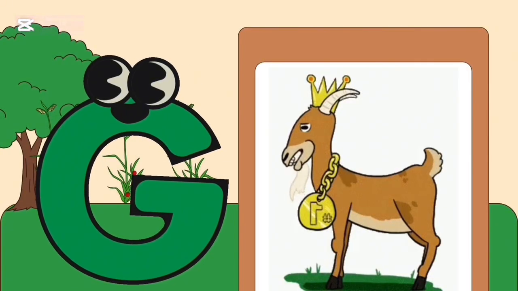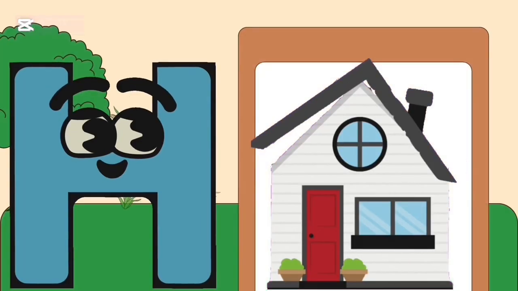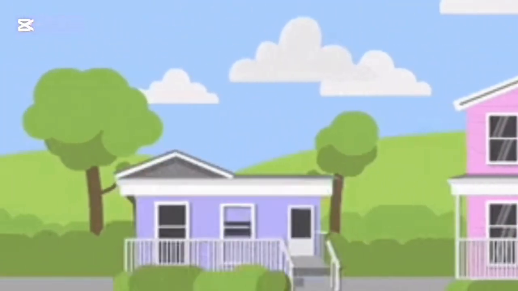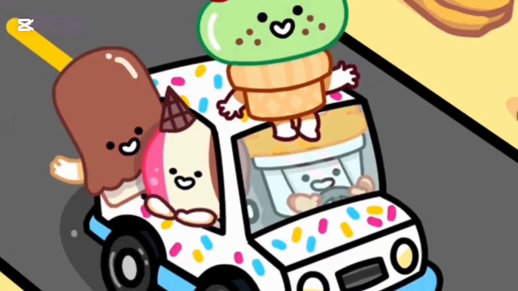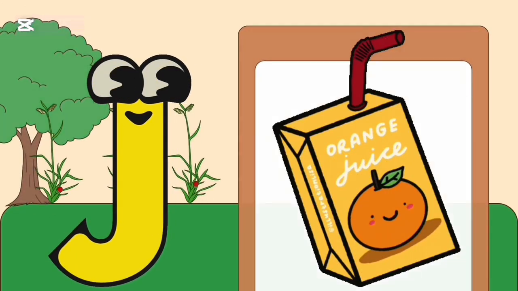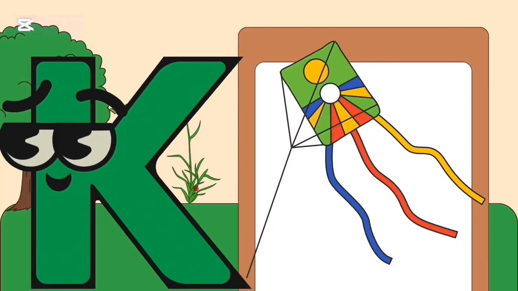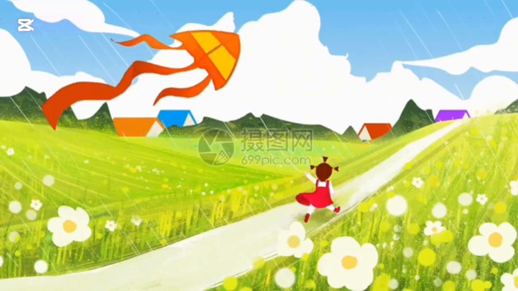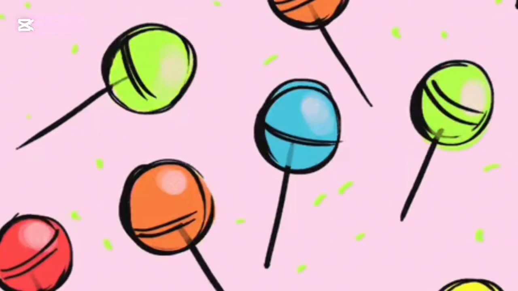G is for goat. Goat. H is for house. House. I is for ice cream. Ice cream. J is for juice. Juice. K is for kite. Kite. L is for lollipop. Lollipop.